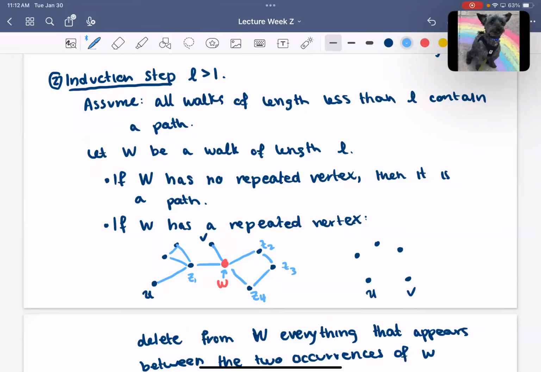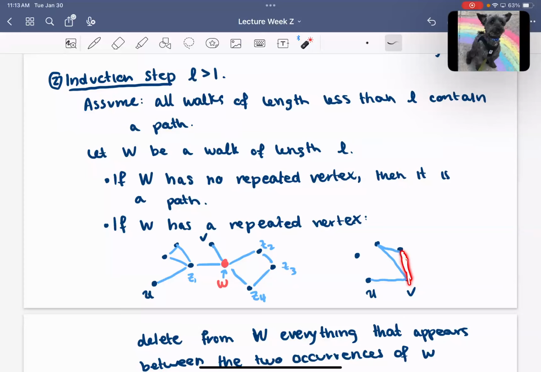If you add back in the edge, could you accidentally make it into a cycle? I think that could happen, but I'm having a hard time. So let's say we went from U to V to this vertex back to V. And you're saying delete this edge, right? The remaining thing is already a path. But then adding back in this edge doesn't get me a path from U to V.